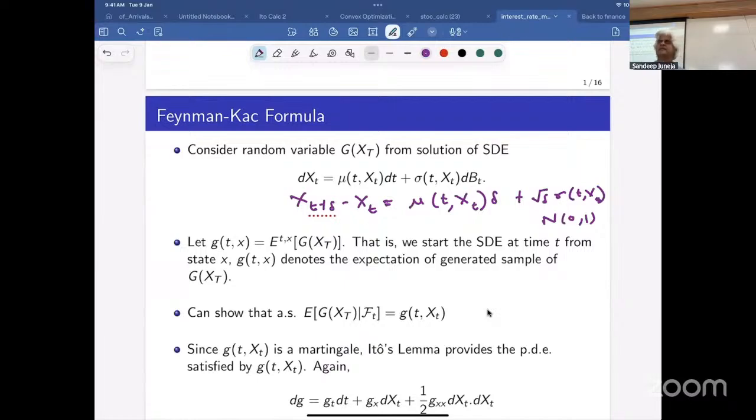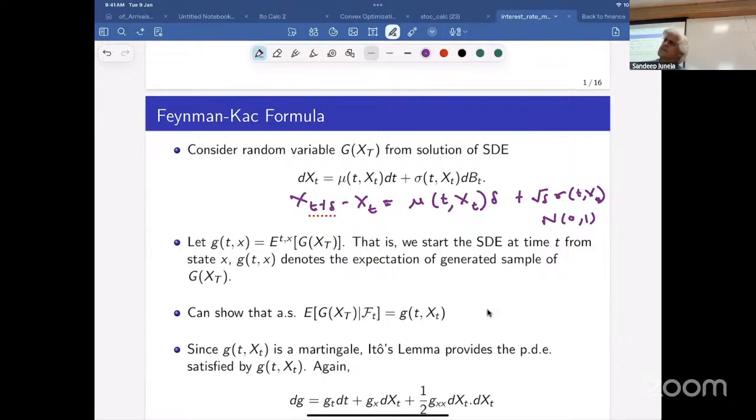Through this, I can start with x0, construct x(delta), x(2 delta), x(3 delta). I can construct the whole sample path. At big time T, I observe the Monte Carlo x(T). I can see what my option price looks like. I can do this again and again, take the average, and that becomes a Monte Carlo method for pricing options.